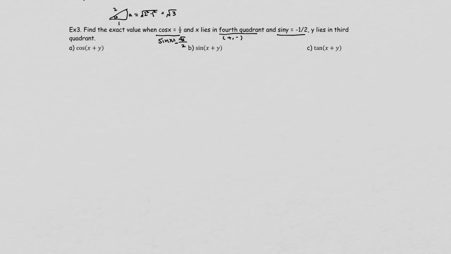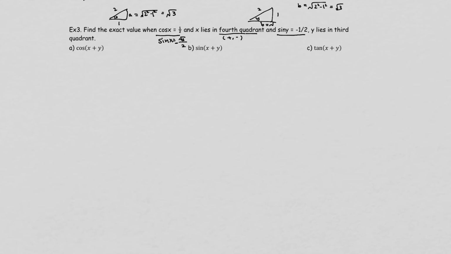We do the same thing for y. So y, sine is 1/2. So if we want to find b, it is square root of 2 squared minus 1 squared, which is going to be 4 minus 1, so it will be square root of 3.